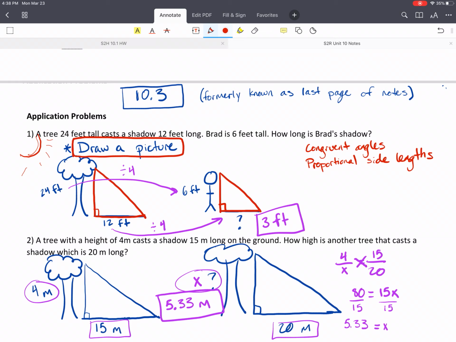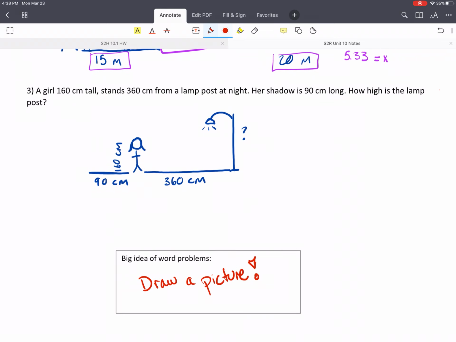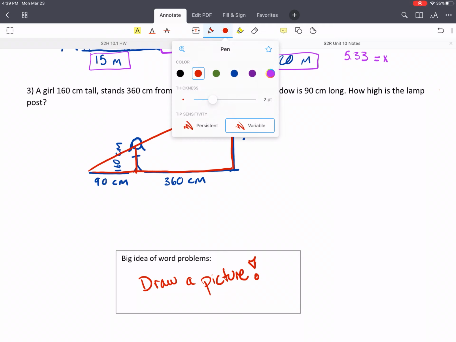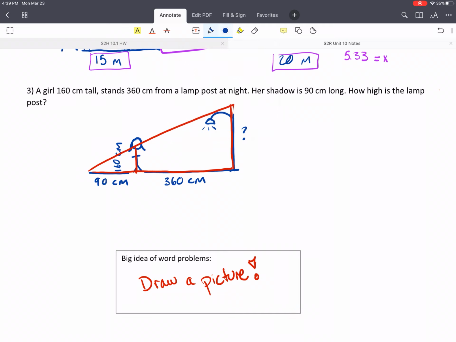See, the sun was a fixed point, and so the angle on the shadows is going to be the same. So the angle on shadow here has to be coming from that same light source. So if I do it this way, I want you to see that I actually have a triangle within a triangle, which means I have 2 separate triangles. So I'm just going to draw that as my 2 separate triangles.